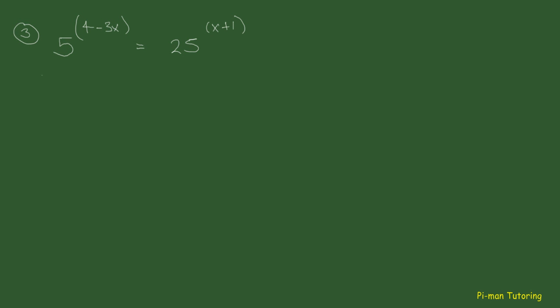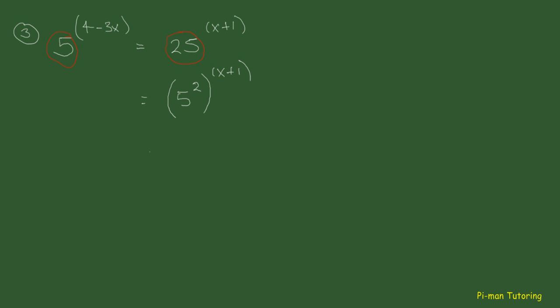Same approach. We notice that we have two different bases, 5 and 25. But we know we can write 25 as 5 squared. So let's do that. So this is 5 squared, and then that 5 squared is raised to the power of x plus 1.